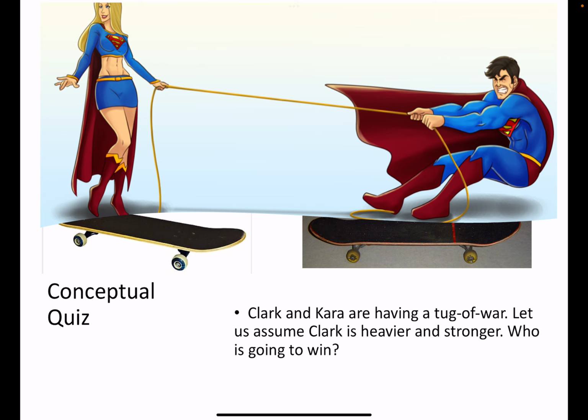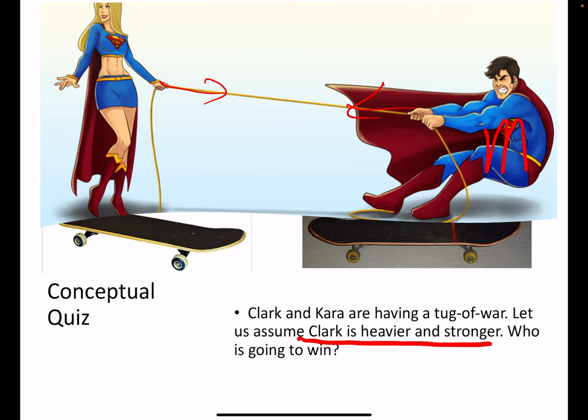Now imagine if we put both of them on skateboards and ask them to do a tug of war, who is going to win? The force between them would be the same as we discussed, because it's just the tension. And we just assume Superman is heavier and stronger. If force is the same, who will get a larger acceleration?